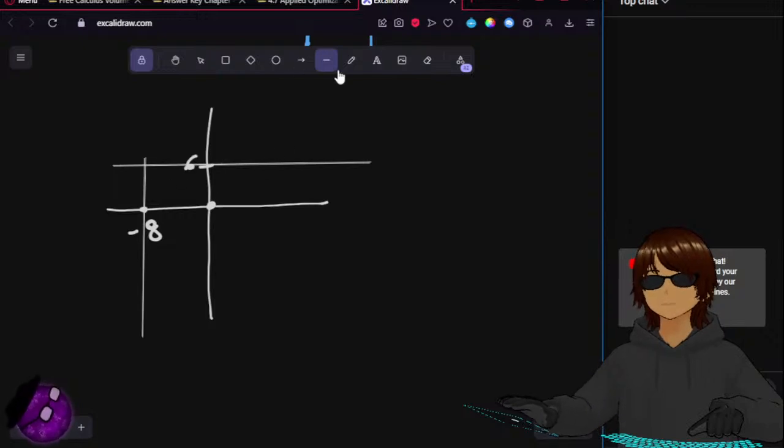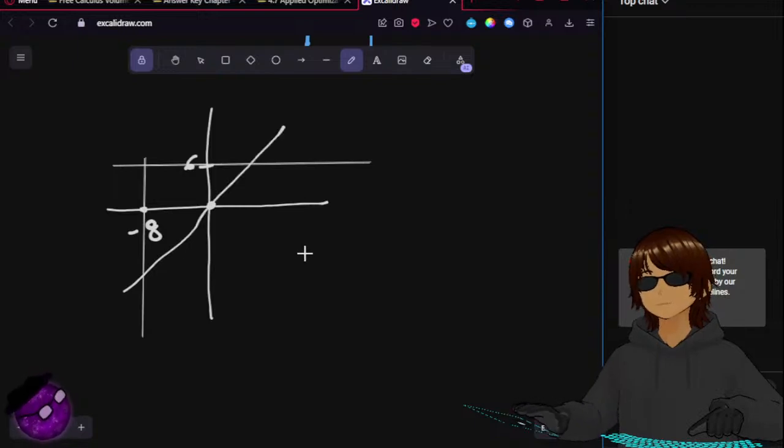This is y is equal to 6. And I have a line here.